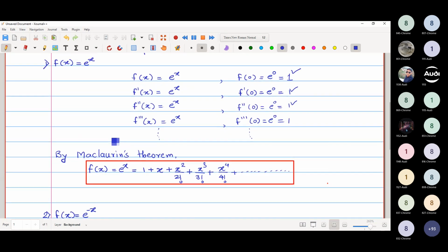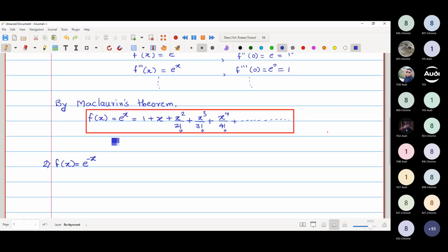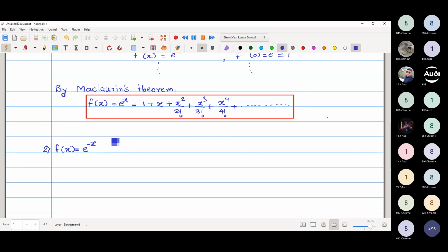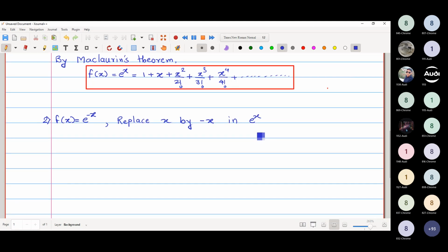Should we have to do all this, find the derivatives and put the values? Same, sir, it will be the same. See, one thing is you can do the same thing, find out the derivatives and all, and put the value, or simply replace x by minus x in the previous equation. Can I do that? Yes, sir.